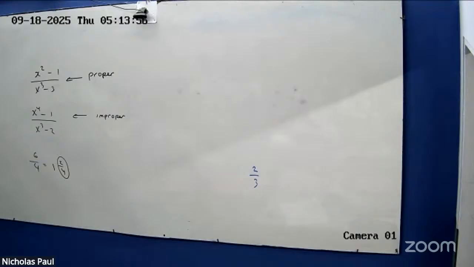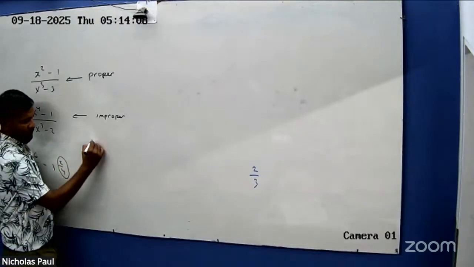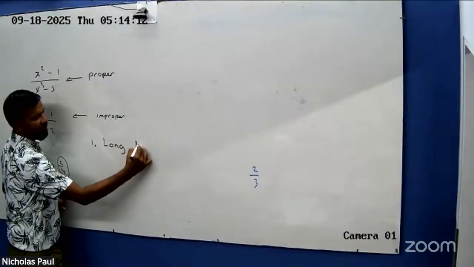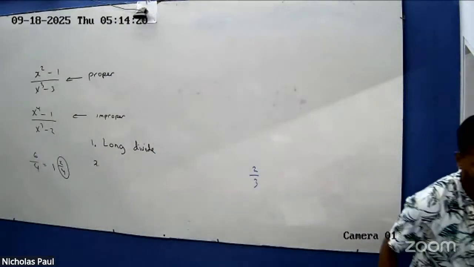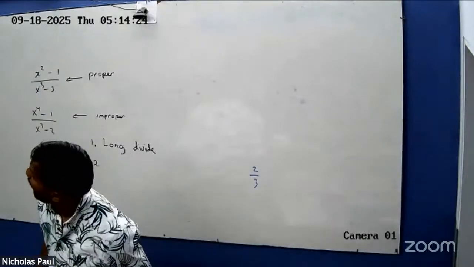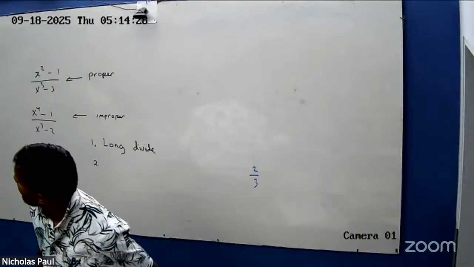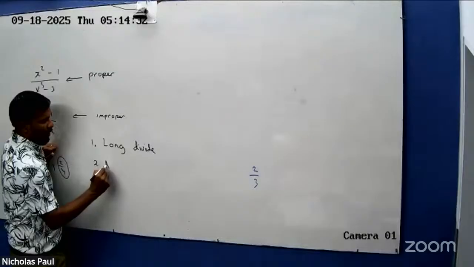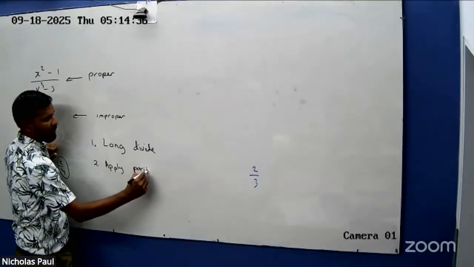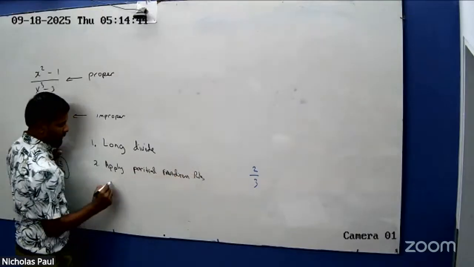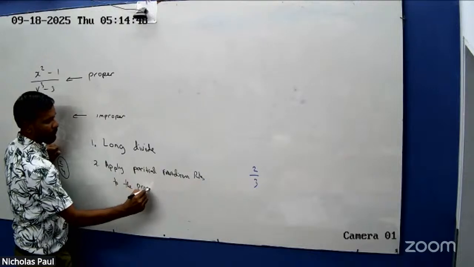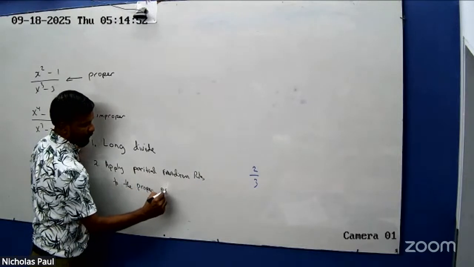To fix this, number one, we long divide, and number two, we then apply partial fractions rules to the proper part.